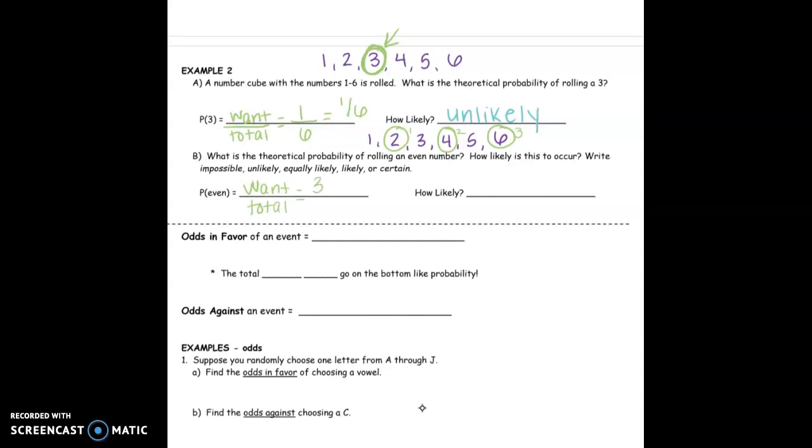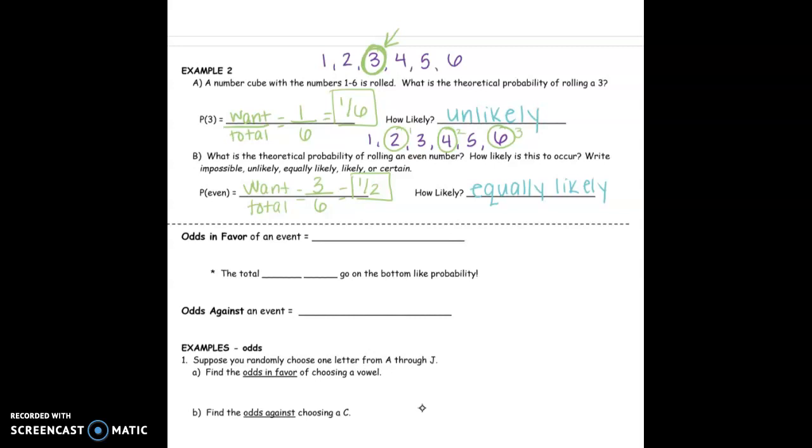That happens 3 times over my total, which is 6. 3 over 6 simplifies to 1/2. 1/2 means that it would be equally likely. That means that there is an equal chance of me rolling an even number versus not rolling an even number, which means I'd be rolling an odd.